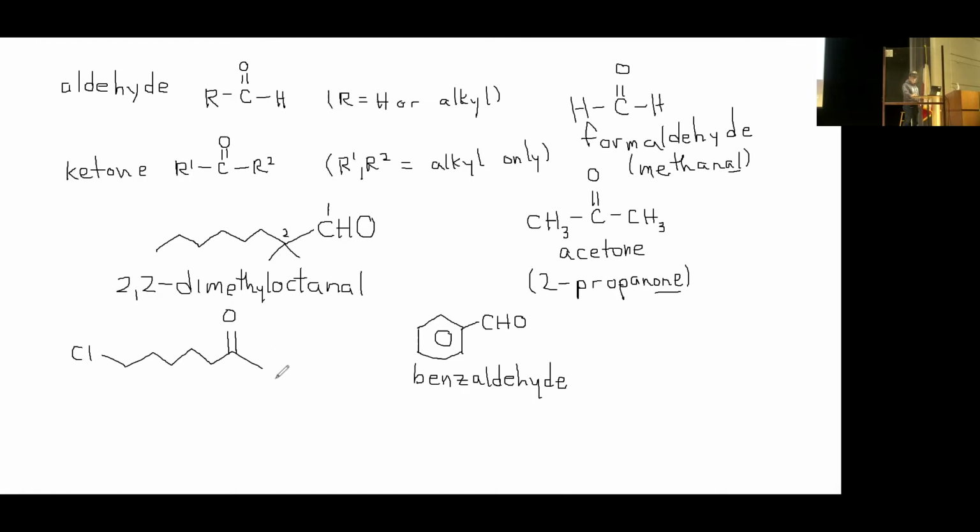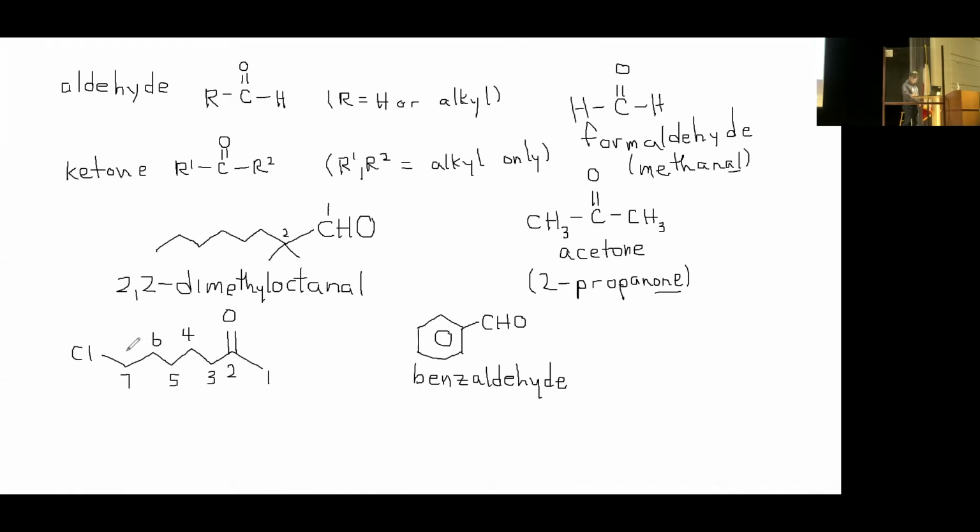So in this case, we want to number for the ketone. I think it makes the most sense to start here. We could try numbering it the other way also. But I don't think we'll get anything any better. Well, we might. Let's see. Let's change to a different color.